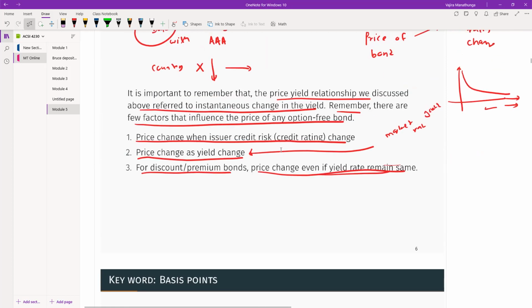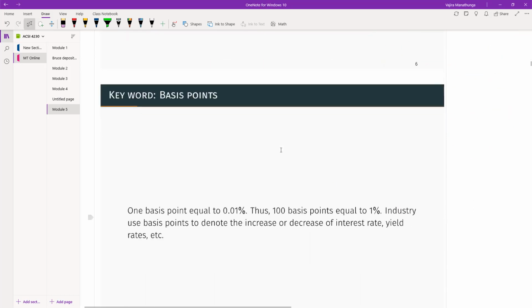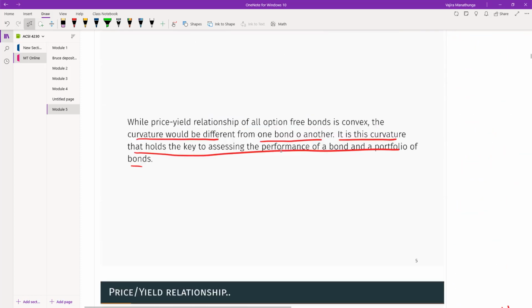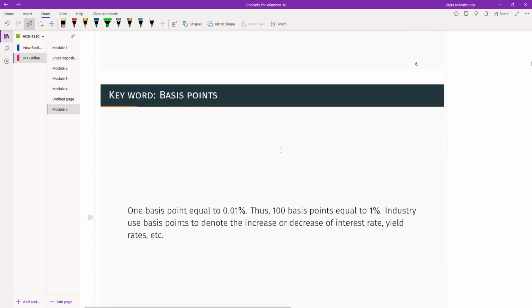Now we want to discuss a little bit of how to measure this price volatility. So the approach is basically using basis points. When interest rate increases by this many basis points, the price changes. That's kind of the wording.